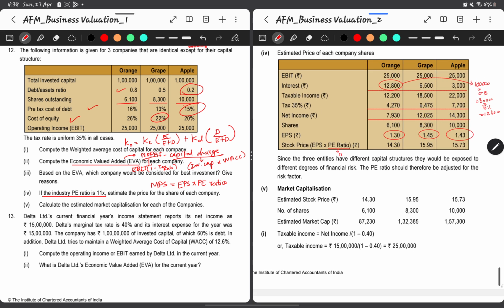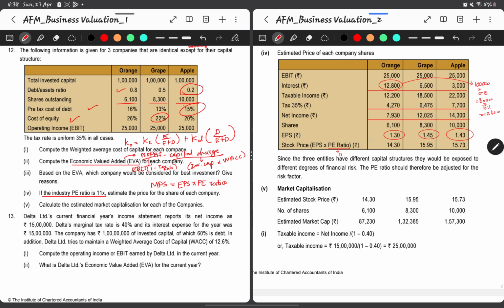Ideally this PE will not be the same, because it usually adjusts for the risk premium, because we have the debt structure in case of these three companies. Fine, let's leave it. I will proceed with the question.